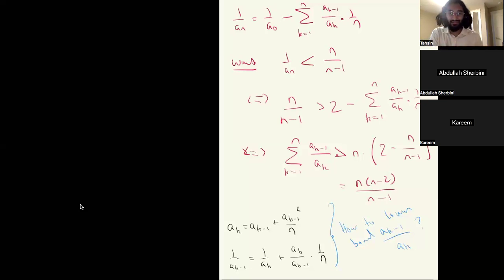So any ideas? Maybe we can multiply the left-hand side of the first equation by the right-hand side of the second equation and vice versa. Yeah, so I guess the point is you want to somehow get ak and 1 over ak minus 1 together.